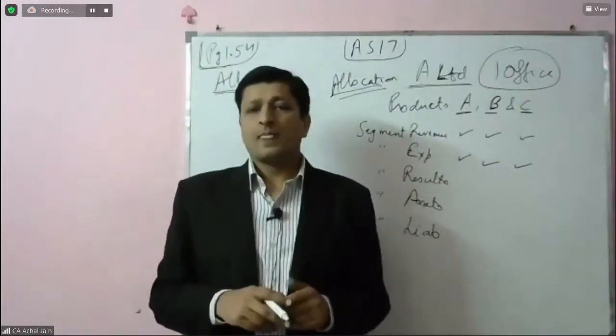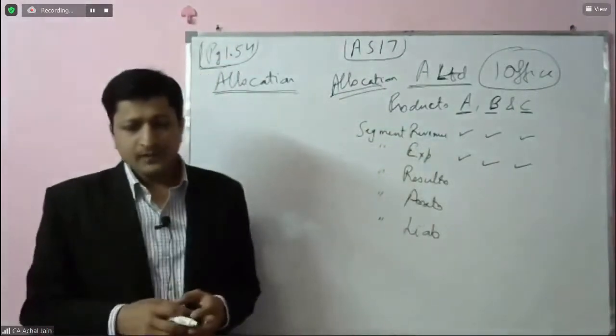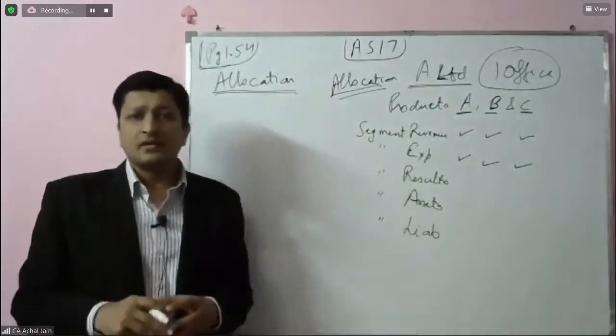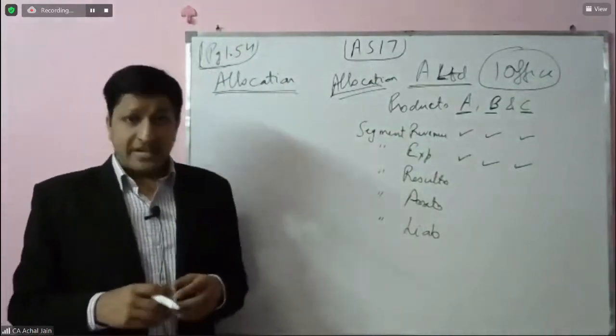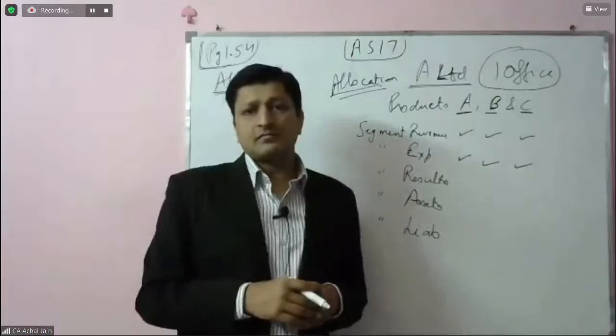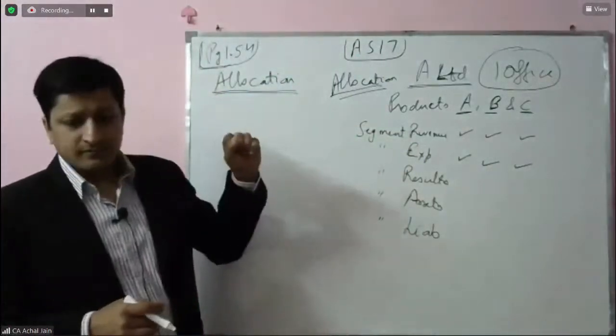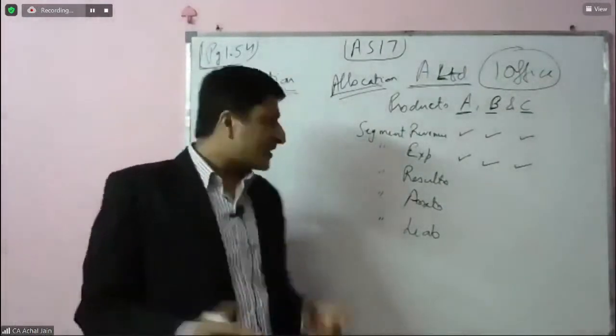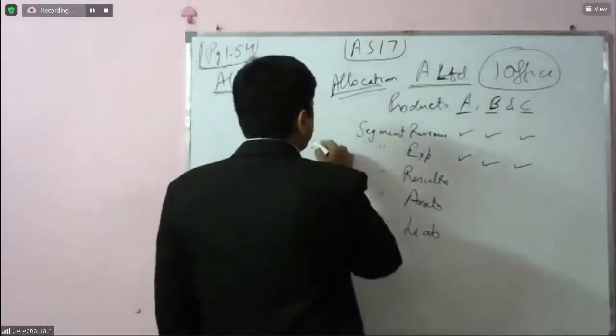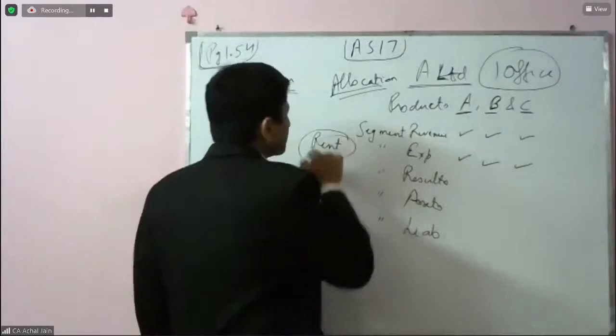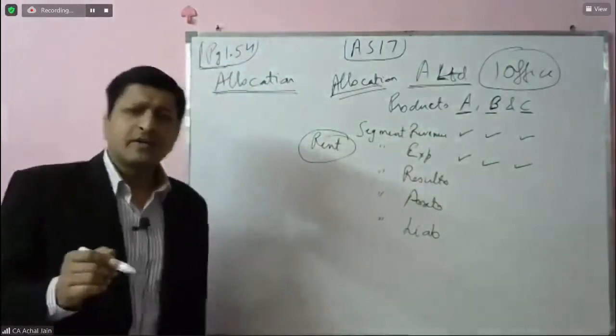Now, because they are the best ones to assess it, they will apply some judgment, and on the basis of their judgment, they will do the allocation. Say, for example, if there is a rent expense, how will they allocate?